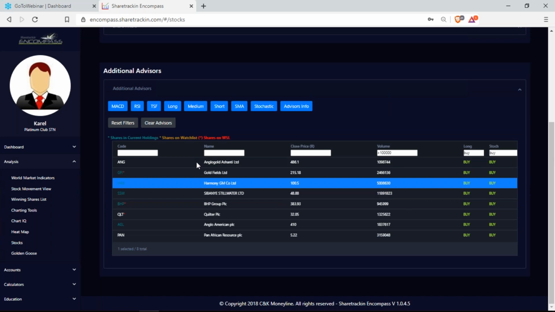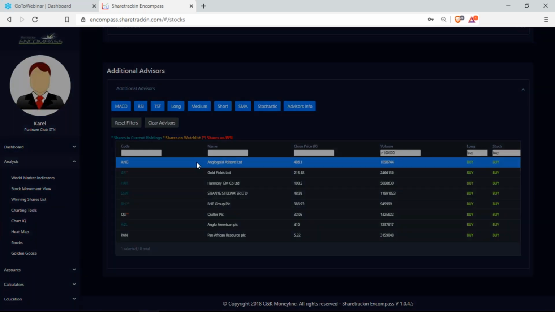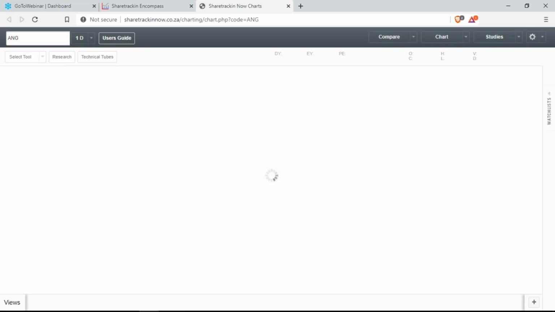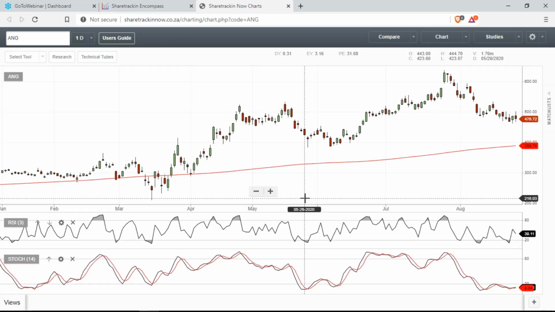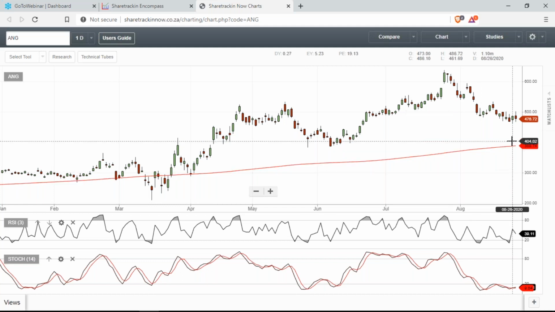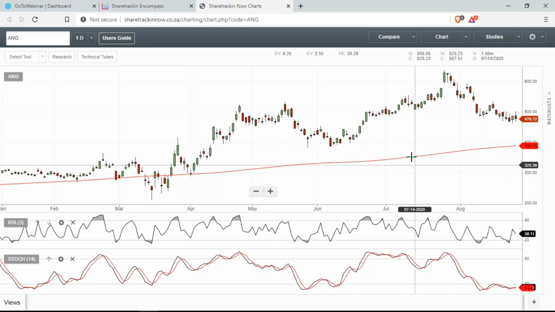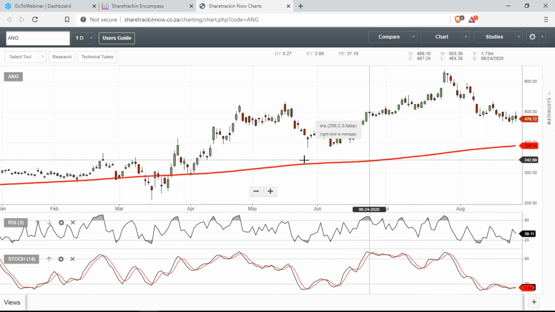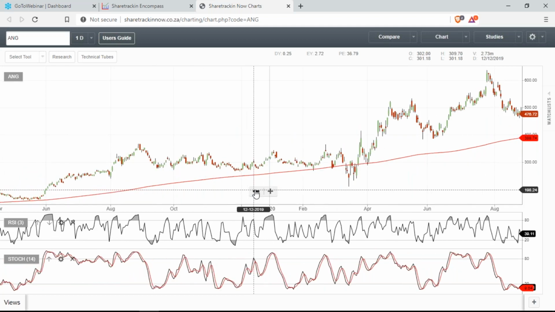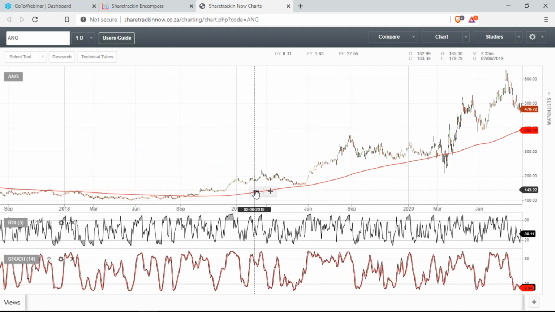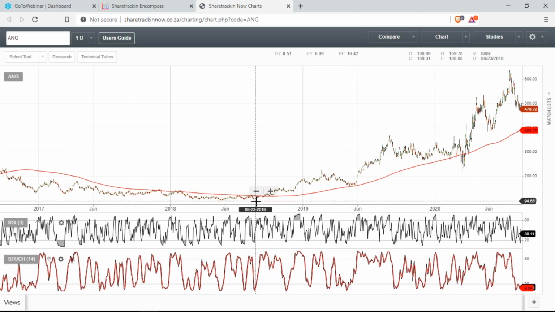Let's look at Anglo Gold Ashanti. So I click on the share, Charts IQ, and if I look at the share, it has been negative today. It has a constant upwards movement. Let's see for how long. So this share I can see has been moving upwards ever since 23 August 2018.